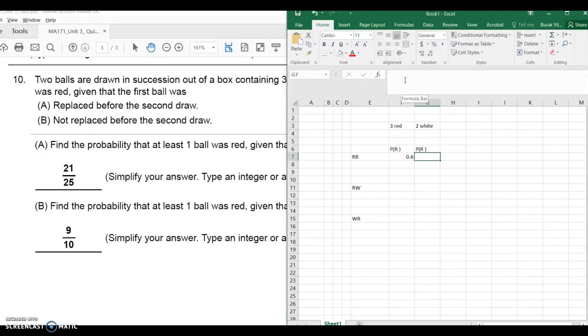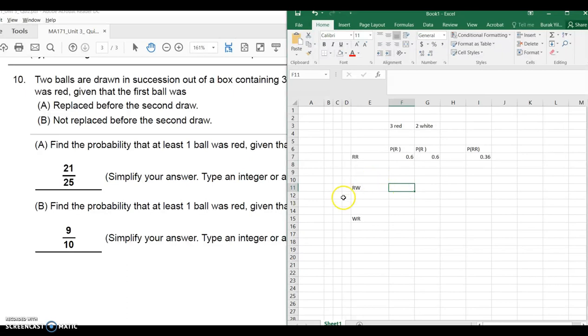And I put the first one back, so again it's going to be 3 over 5, because there are 5 balls total and 3 of them are red. So then the probability of red, red, I just multiply these two. So that's 0.36 is the probability of pulling both balls red.